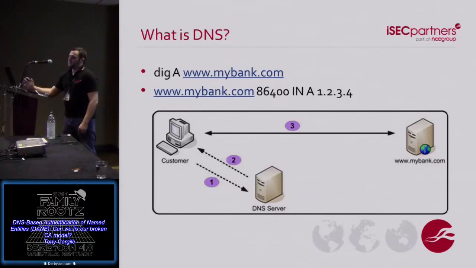This graph is a bit contrived, but the client makes a request to a DNS resolver, then the DNS resolver recursively goes through the name servers until it finds the authoritative name server for the DNS record that it wants, and then gets the IP for that, and then proceeds to go to that IP for, say, www.bank.com.